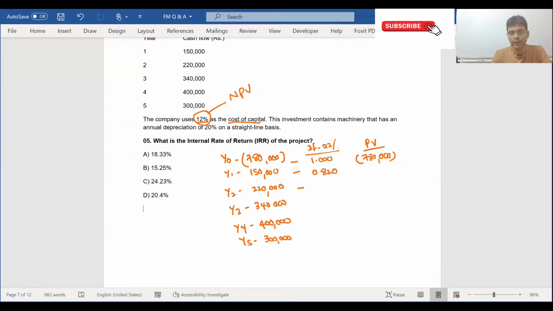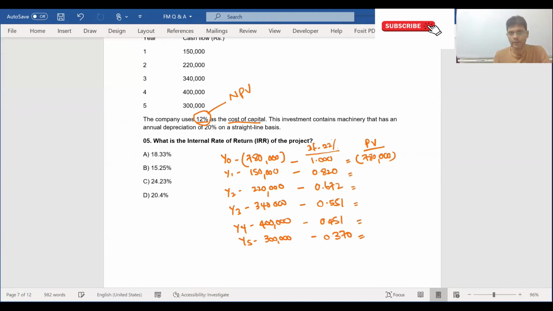Year 2 will be 0.672, then 0.551, then 0.451 and 0.370.